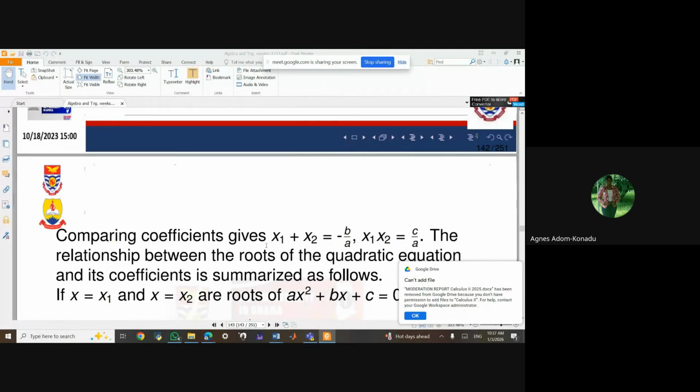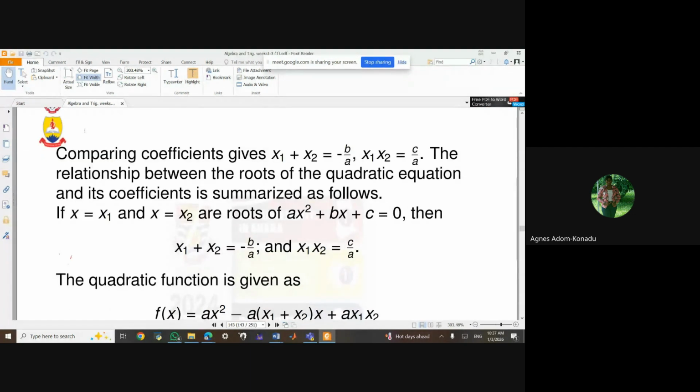So the relationship between the roots of the quadratic equation and its coefficients is summarized as follows. If x equal to x1 and x equal to x2 are roots of ax squared plus bx plus c, then x1 plus x2 is equal to minus b over a, and x1 times x2 is equal to c over a.